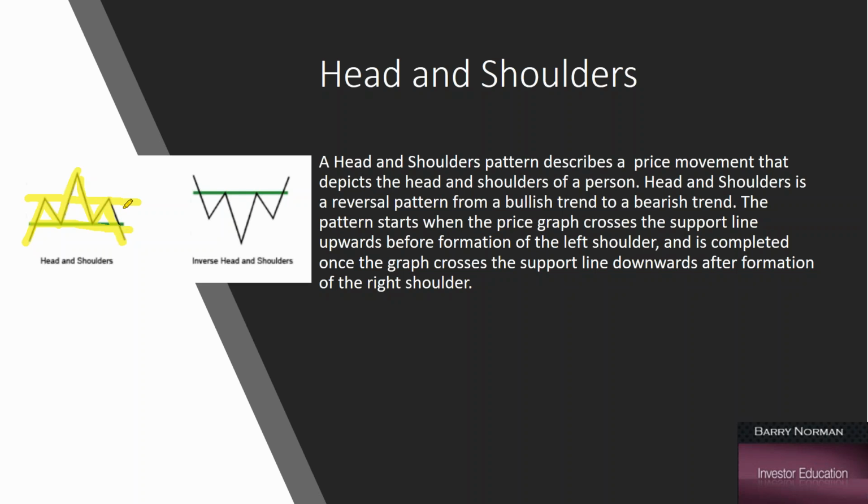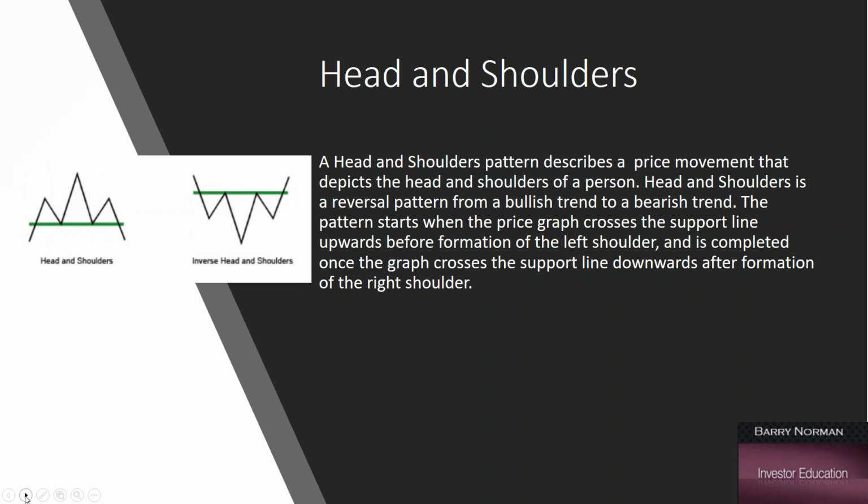Now, there are formulas, and we're going to talk about these in a second, to understand how the distance should be measured and how these will give you trading clues. An inverse head and shoulders is the exact opposite. This is called the neckline, this is called the shoulder line, and of course this is called the headline. And it happens quite often. It's a very, very common pattern.